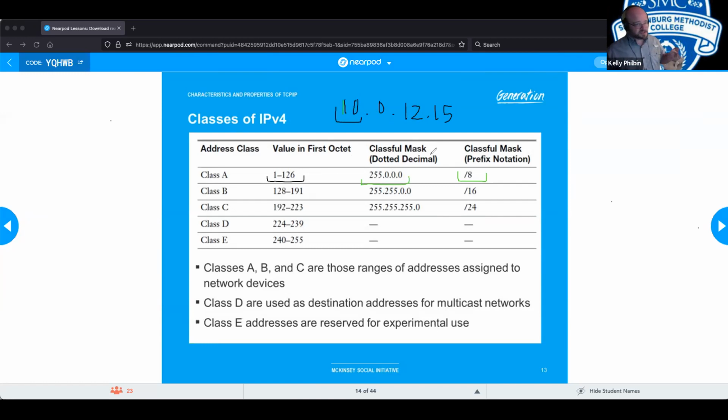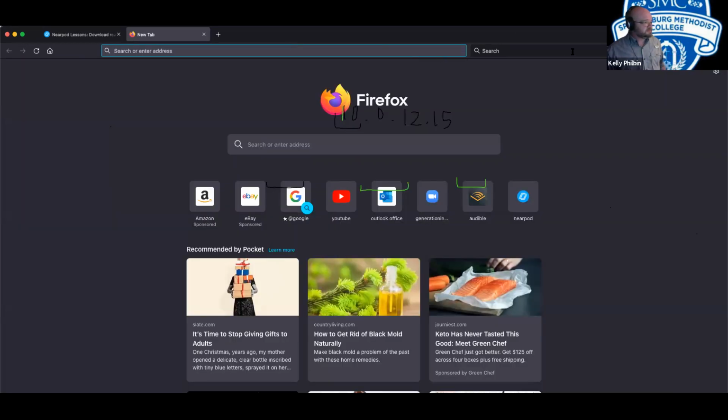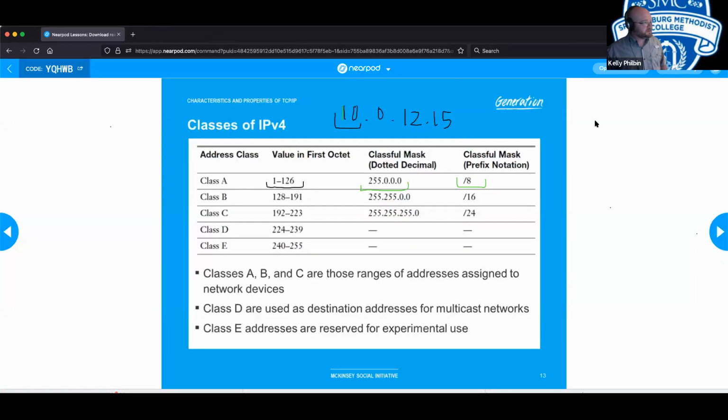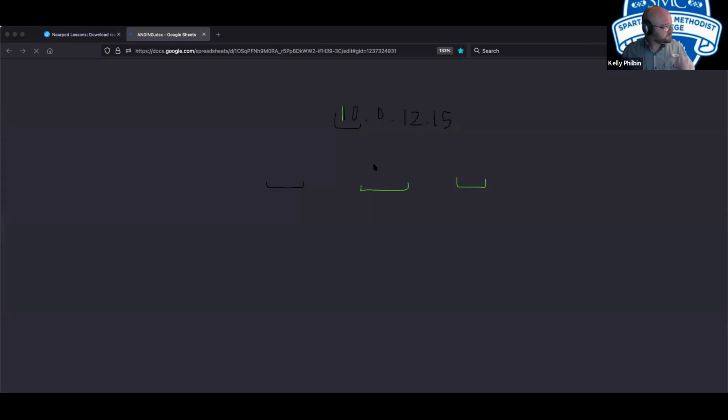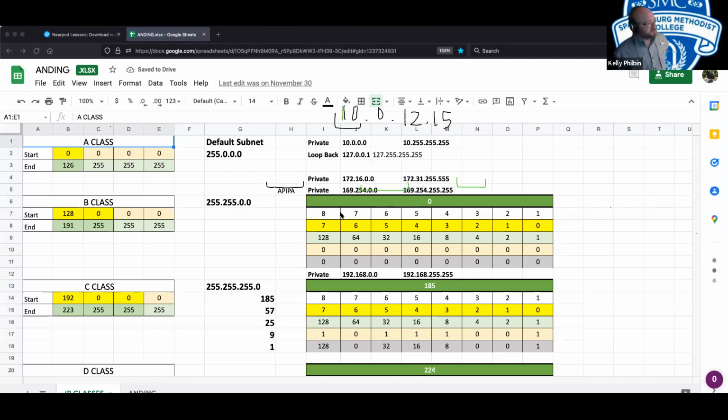Now, where this comes from is the first bit in the octet. So I can pull up ANDing real quick here. Going back to our fun binary days here. So remember, we start out on this side with our binary.